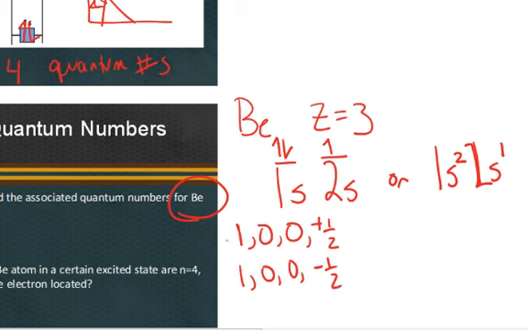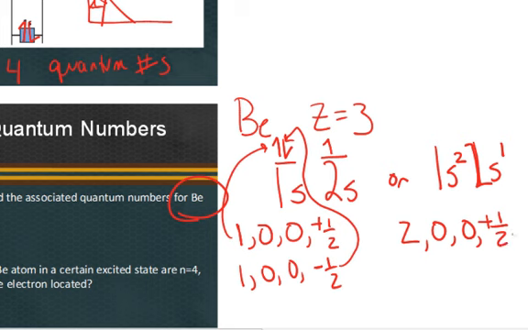So there's a set of 4 quantum numbers that describes this electron, and another set of 4 to describe that electron. Then we need a set of 4 quantum numbers to describe the 1 electron in the 2s, and that would be 2, 0, 0, and you could say plus or minus 1/2. It doesn't matter; you just have to pick one. In this case, I'll just say plus 1/2. So those are the 3 sets of 4 quantum numbers that describe the 3 individual electrons.